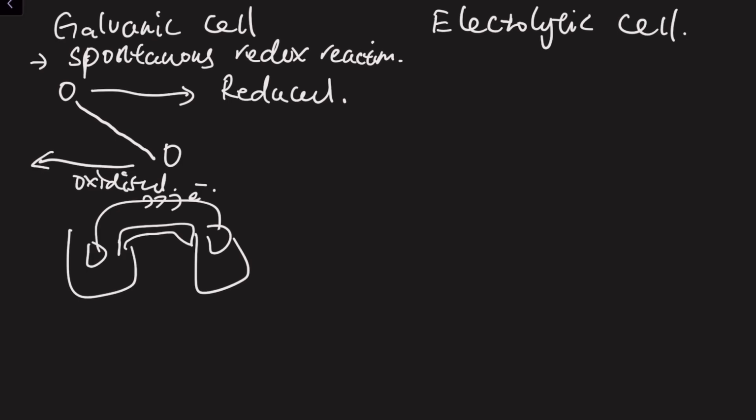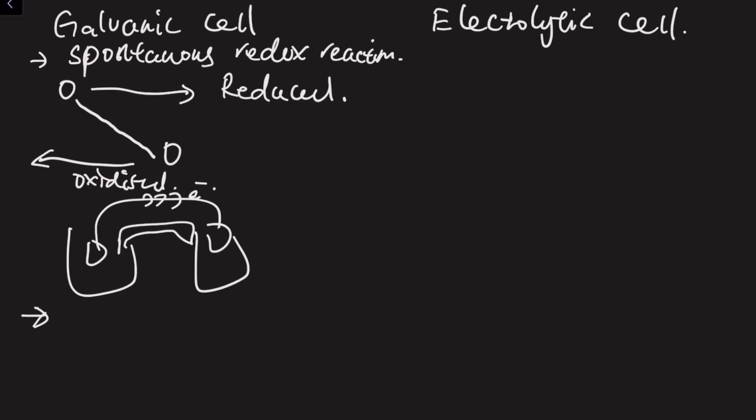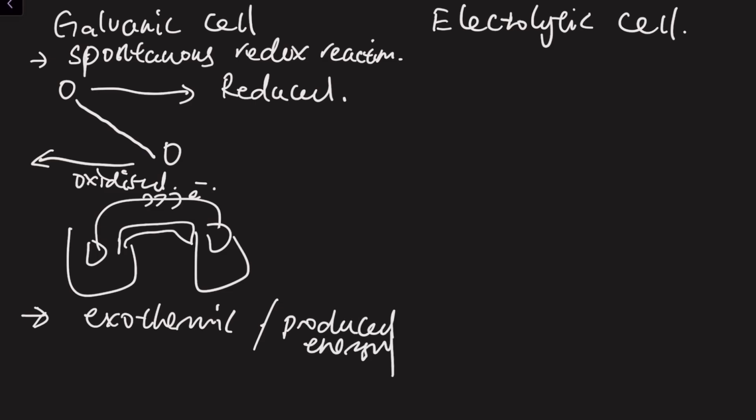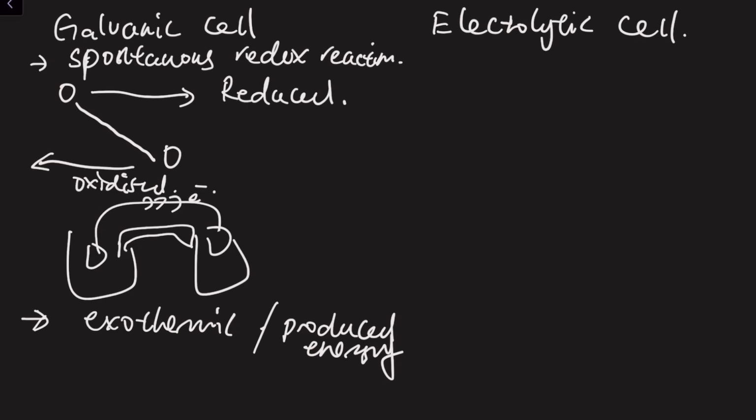In particular, another interesting fact about spontaneous redox reaction is that it is exothermic, or produces energy. A very good example is the combustion reaction, which is a spontaneous redox reaction, and it produces energy and heat.